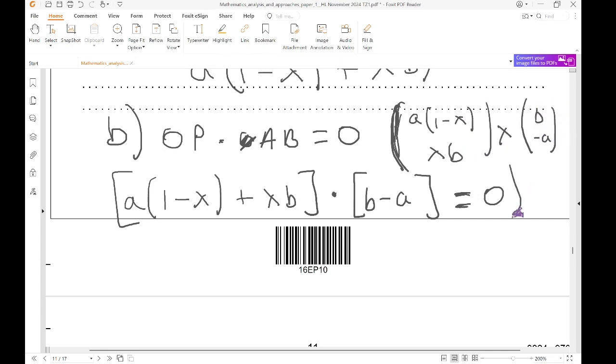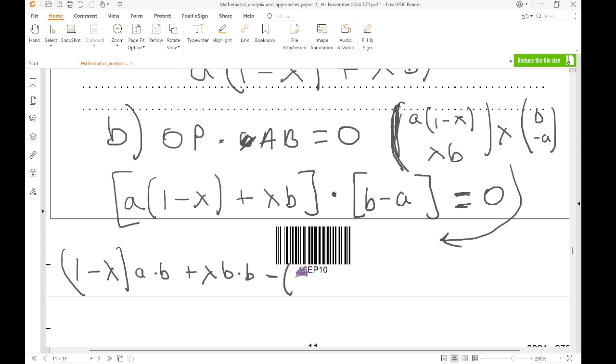Once you do this, you should get 1 minus lambda times a dot b plus lambda b dot b minus 1 minus lambda a dot a minus lambda b dot a is equal to 0.